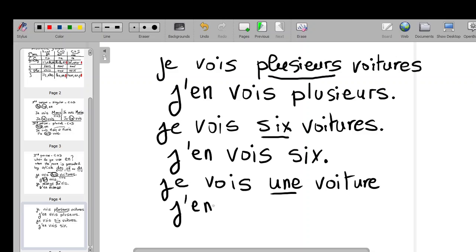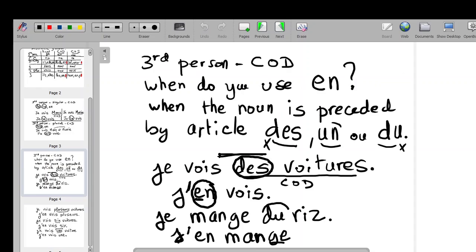J'en vois. And this indicates a quantity, so you have to put it here also. You cannot leave it out. J'en vois une. So if I go back, here I should probably say un, une. So this is the masculine, this is the feminine form.